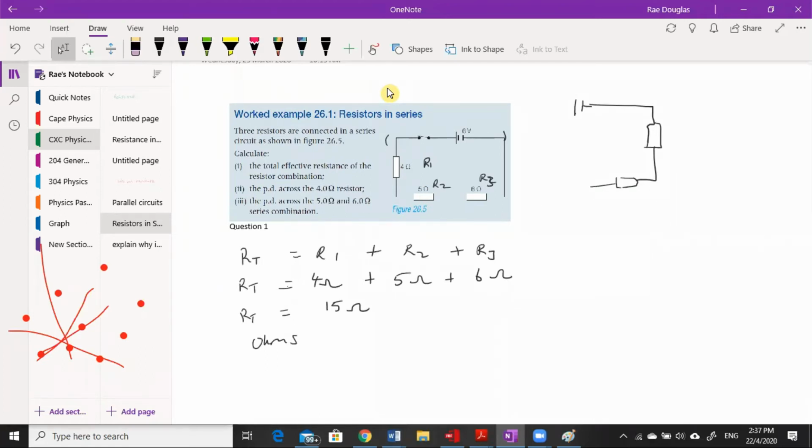Ohm's law states that R is equal to V upon I. Good? Now, what I'm about to do is find the total current in a series circuit. Now, in a series circuit, guys, current remains the same.